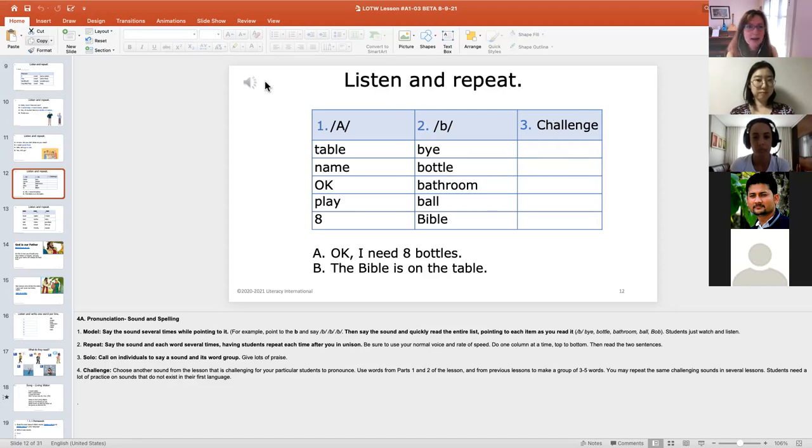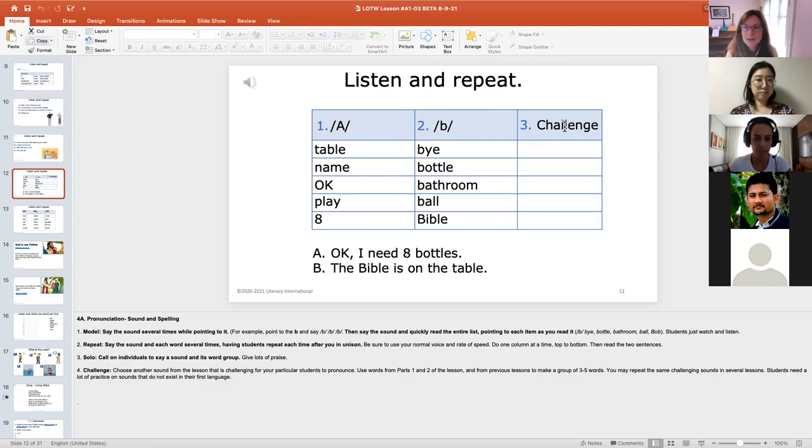And so that's why for the first part of the pronunciation lesson, we have the sound here, which is the long A sound represented by the capital letter A. We have the B sound, and then the column number 3 is always a challenge, which will be whatever sound your student needs to practice. You'll put that sound in box number 3.